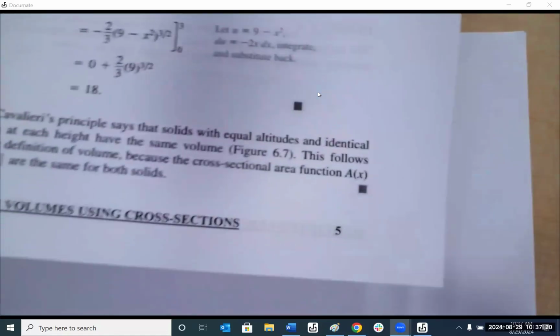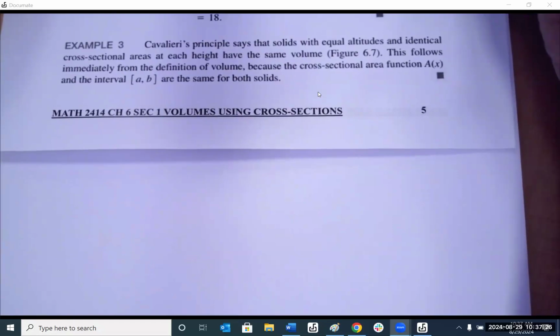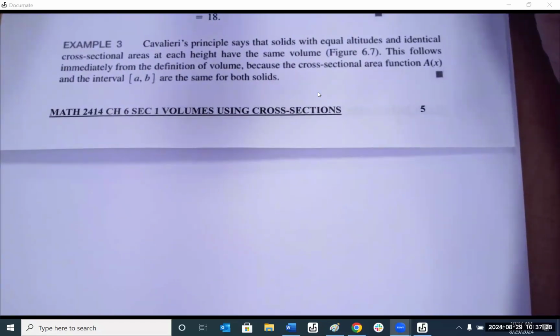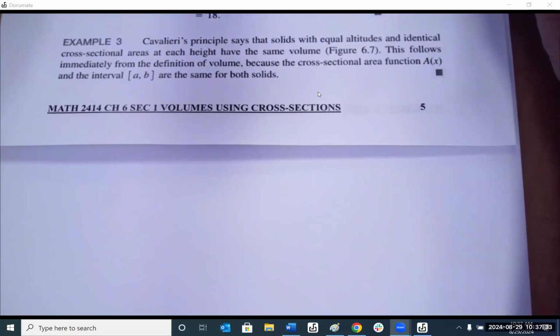Example 3 isn't much of an example. All it really tells us is the Cavalieri principle says that solids with equal altitudes and identical cross-sectional areas at each height have the same volume.